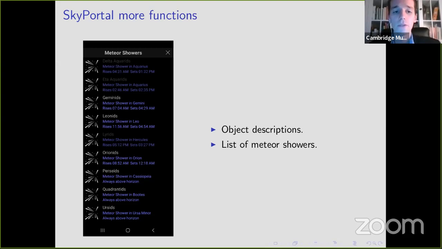There is a list of meteor showers as well. Some meteor showers that I did not mention that are weaker, Leonids, for instance. And here one sees that there are other meteor showers in Aquarius, Delta Aquarids and Eta, the ones that I did mention.